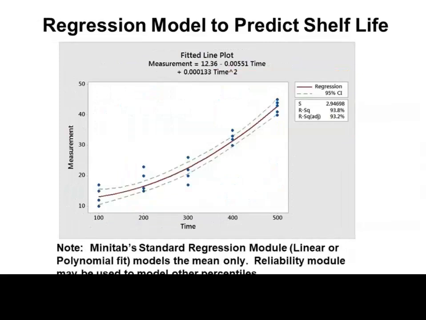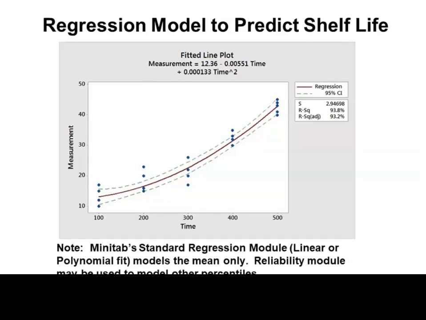So I went ahead and I'm using a different regression module in the same software that's not specific to shelf life problems. I don't necessarily get all the nice features, but I'll sort of make it work. Here it's called a fitted line plot. You can fit either a linear or a quadratic model, which adds a squared term, time squared, or a cubic model, which would have a little more flexibility.